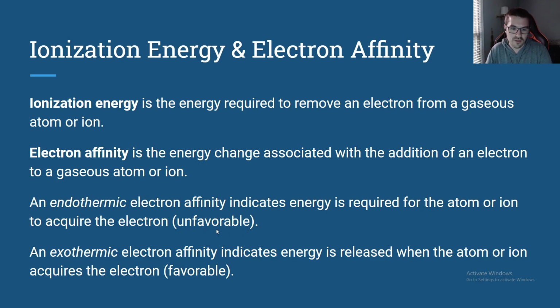You can think of this as being an unfavorable electron affinity, okay? On the other hand, an exothermic electron affinity indicates that energy is released from the system. So when an atom gains an electron, it actually gives off energy.